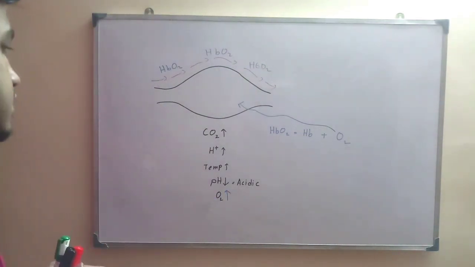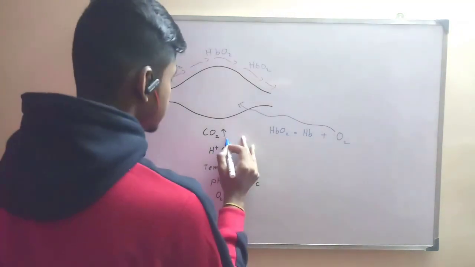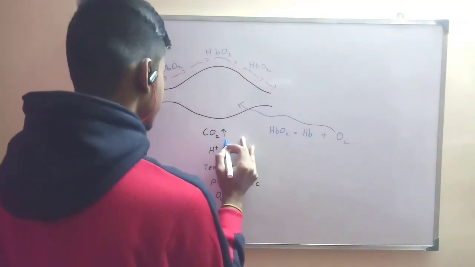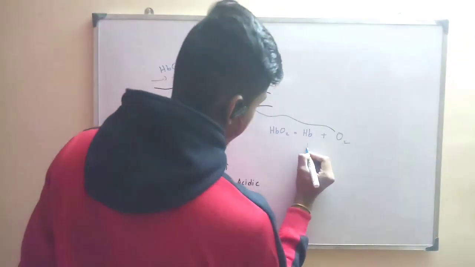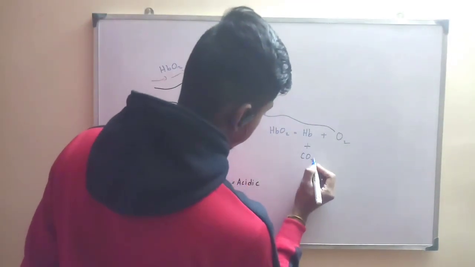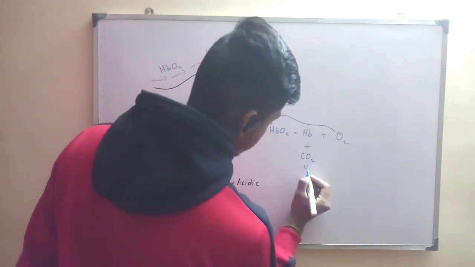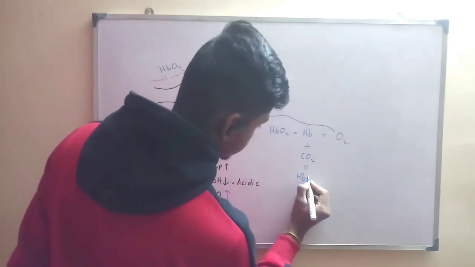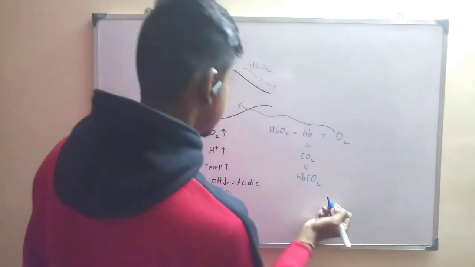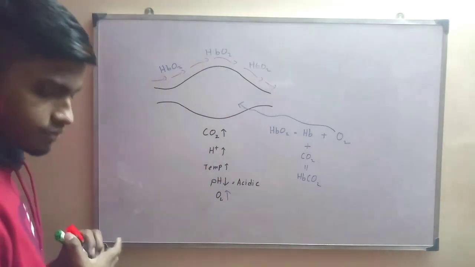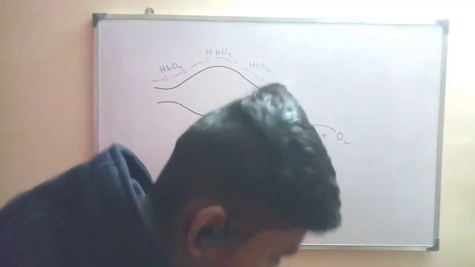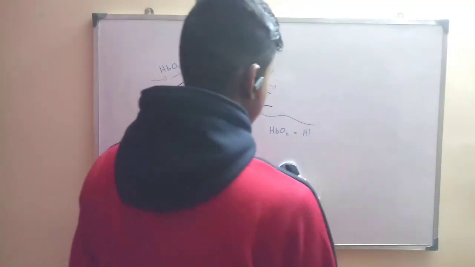And second, the extra CO2 that is produced from the muscle contraction will react with hemoglobin and produce HbCO2.